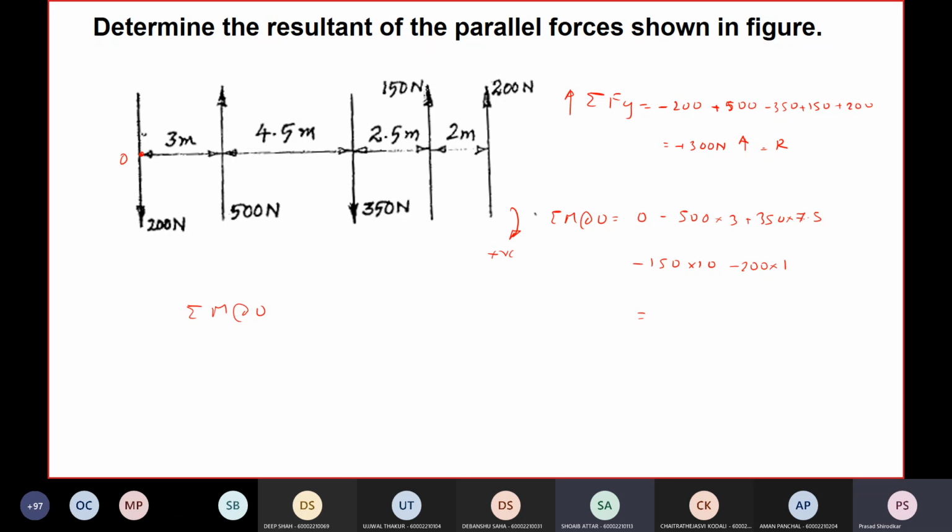Minus 575? No, minus 200 into 12, sir. Not 12, minus 12. That is wrong.